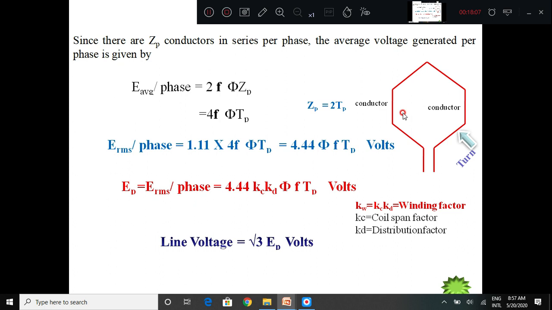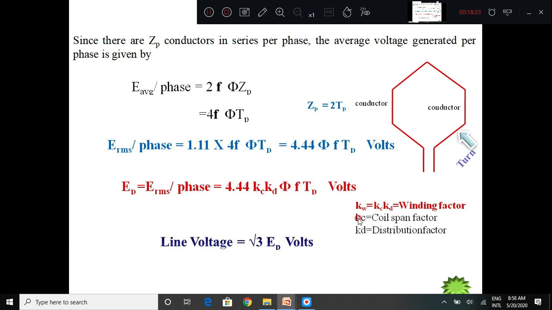If you know the 5 turns, what is the number of conductors? That is 10 conductors. Therefore, the number of conductors is equal to 2 times the number of turns. A turn consists of two conductors. Therefore, if you want to replace Zp by Tp, Zp is equal to 2Tp, and you have to replace it.